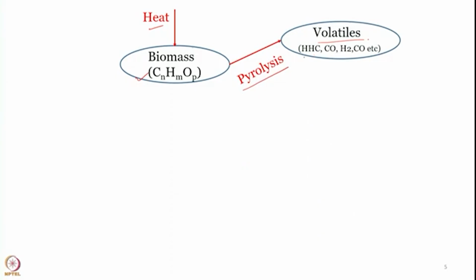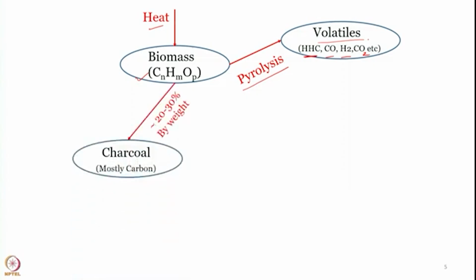Volatiles are a combination of higher hydrocarbons, as we have seen in the earlier pyrolysis process. It also gives carbon monoxide, hydrogen, CO2 etc., and also charcoal, around 20 to 30% by weight, while volatiles are around 70 to 80% by weight.